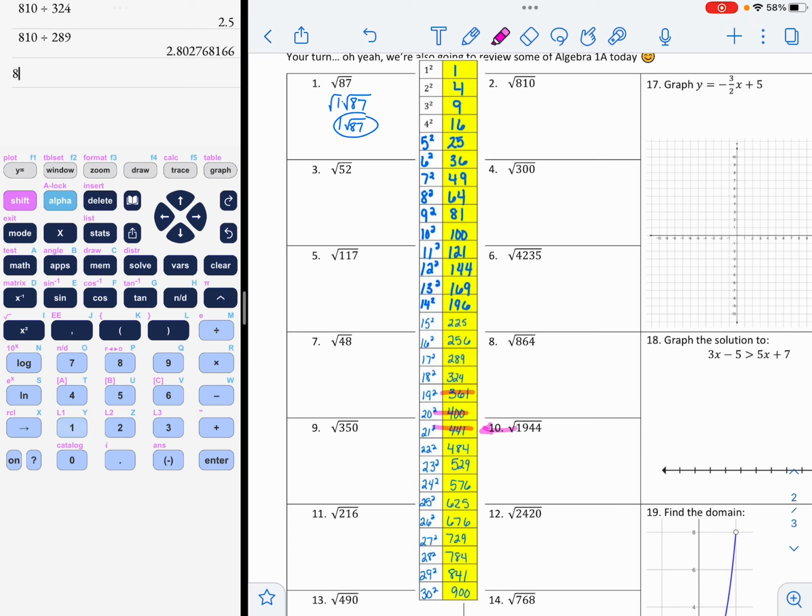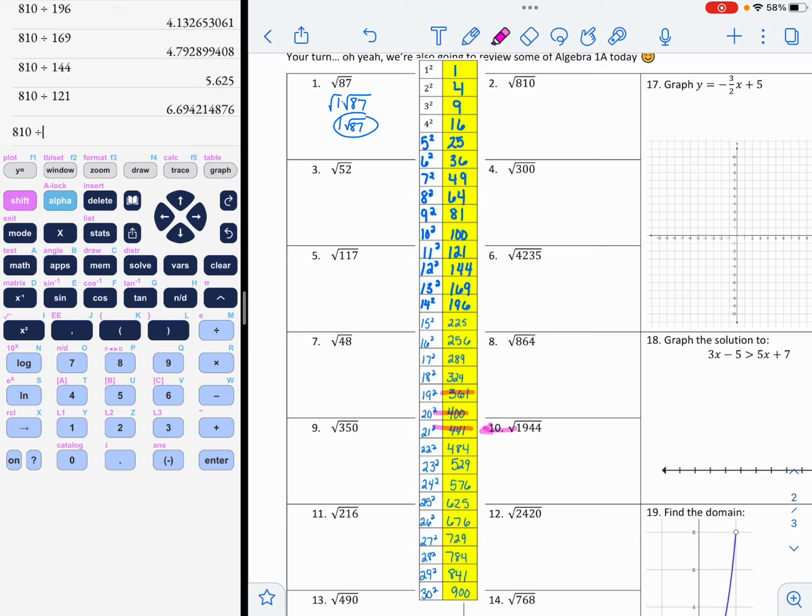Making my way down the list. 810 divided by, where am I at? 256. 810 divided by 225. 810 divided by 196. 810 divided by 169. 810 divided by 144. 810 divided by 121.